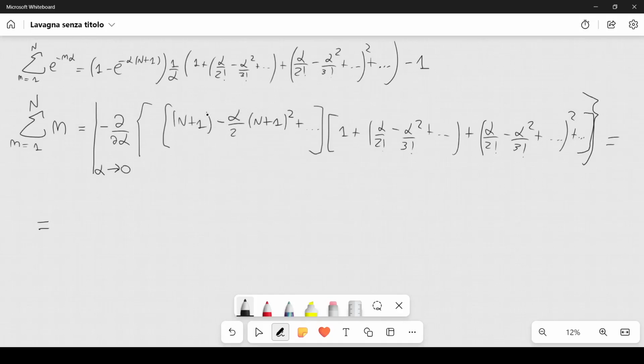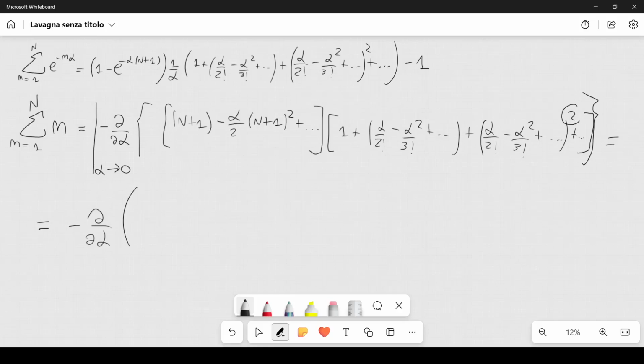So the only terms that I'm really interested in when I take this derivative are n plus 1 multiplied by alpha over 2 factorial, right? Because the only linear term in alpha coming from these square brackets here is this one, alpha over 2, because this one here actually does not contain terms that are proportional to alpha.